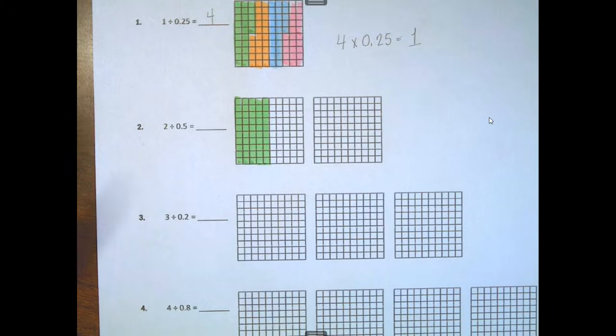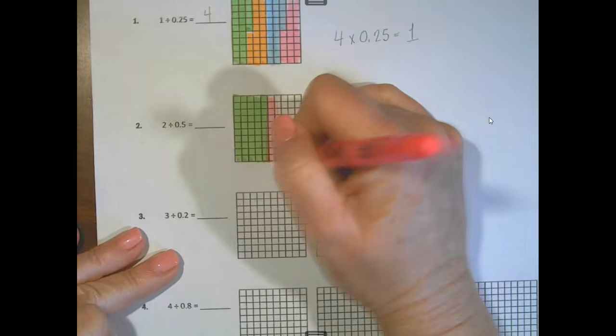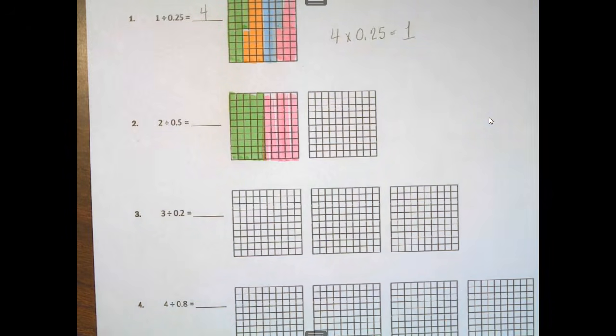Hopefully what we see is if the whole model is 10/10 and we've shaded 5/10, we're just shading half of each of these models. My shading isn't that great, but you get the gist of it.